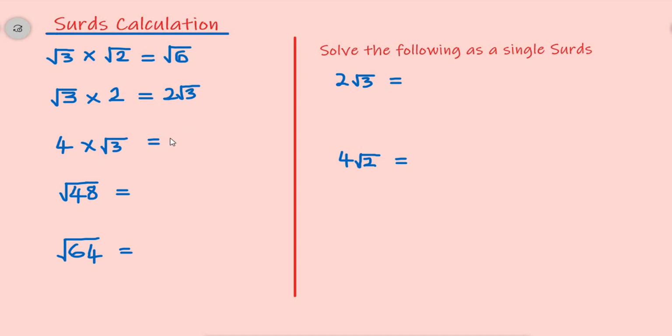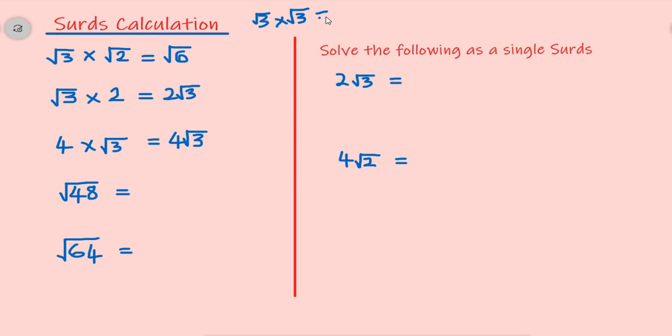4 times root 3 will give you 4 root 3. I want you to understand these terminologies. But look at this. If you have root 3 times the same root, the answer is what?